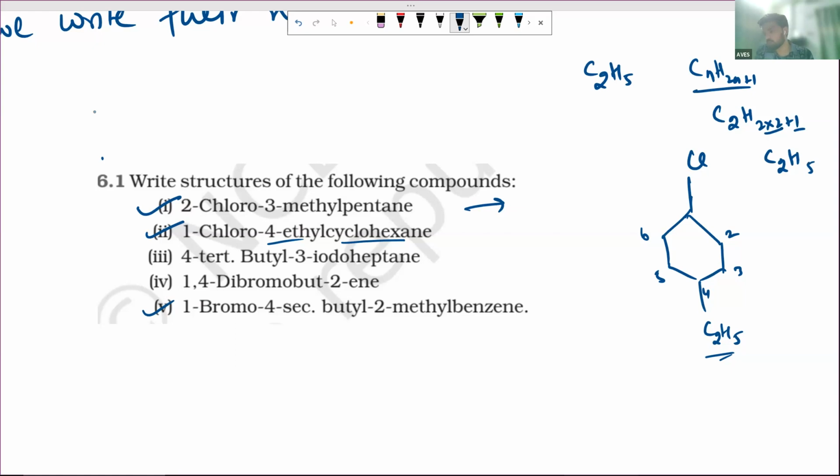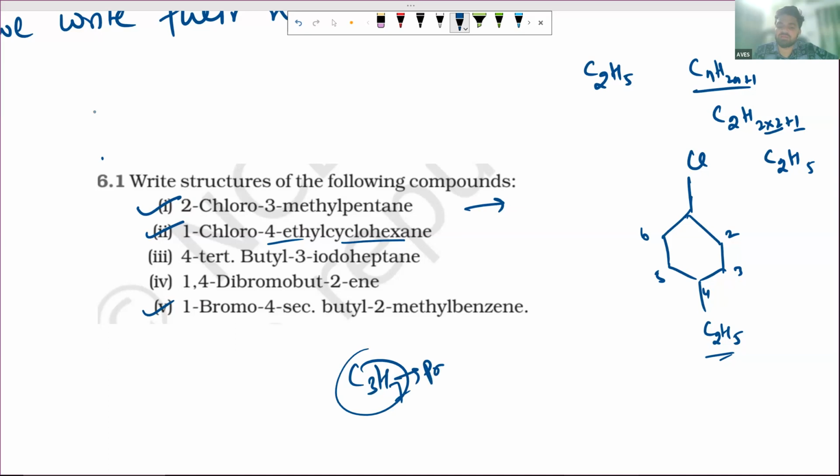What is the formula for the propyl group? Propyl: prop means 3, so 3 carbons, then double this and add 1.